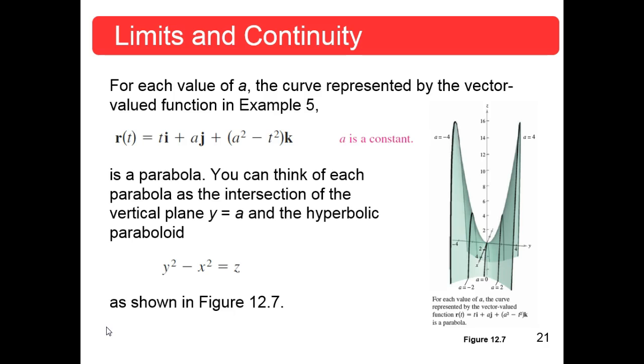Let's do this in the other direction. x equals t, y is equal to a, and z would be y squared minus x squared. Y squared minus x squared is z. That's it right there.